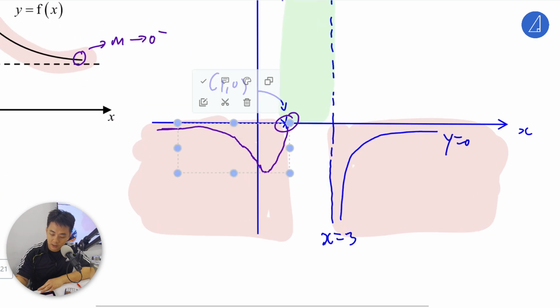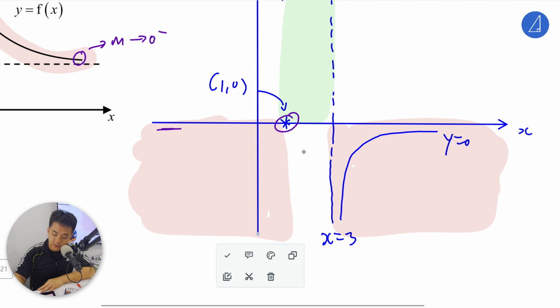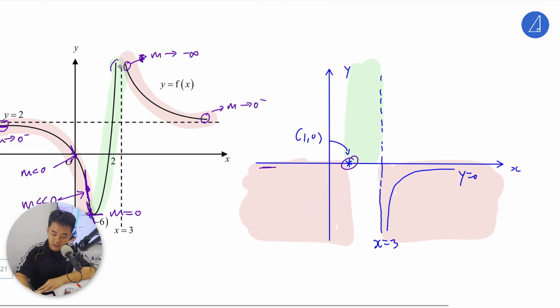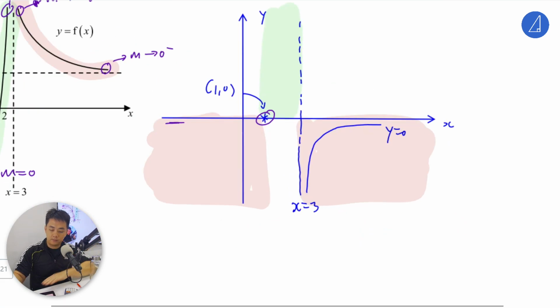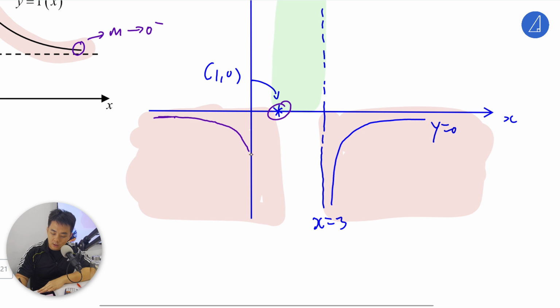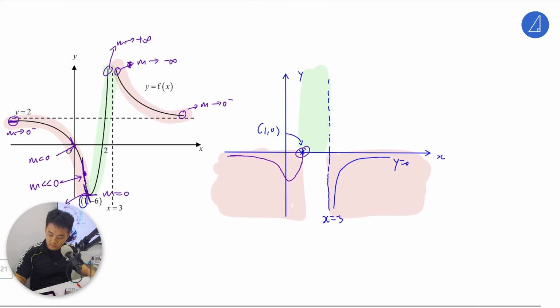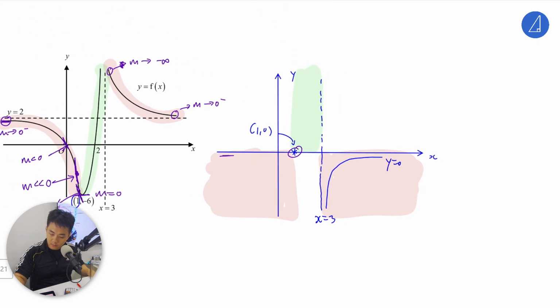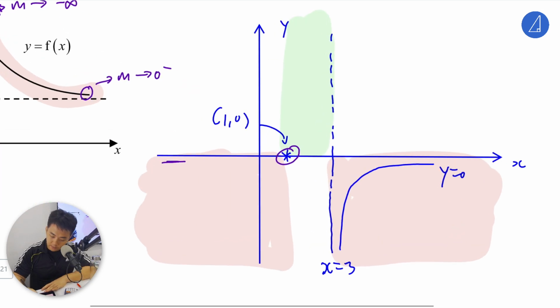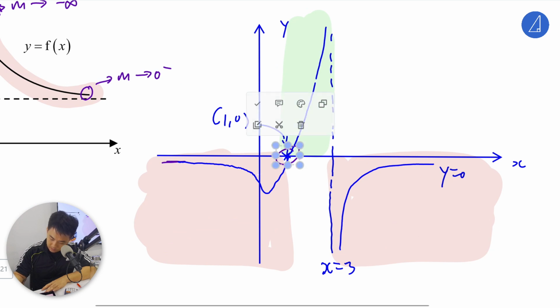From 0, it hits back to 0, then it goes to positive infinity here. Hear me out. So 0, go 0, go infinity. Here be 0.